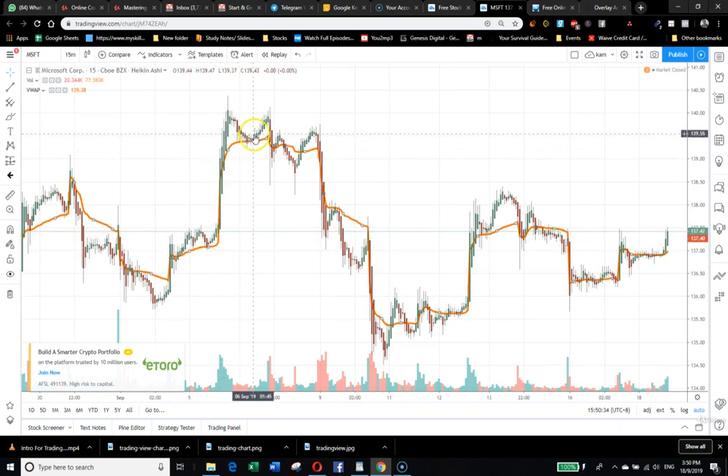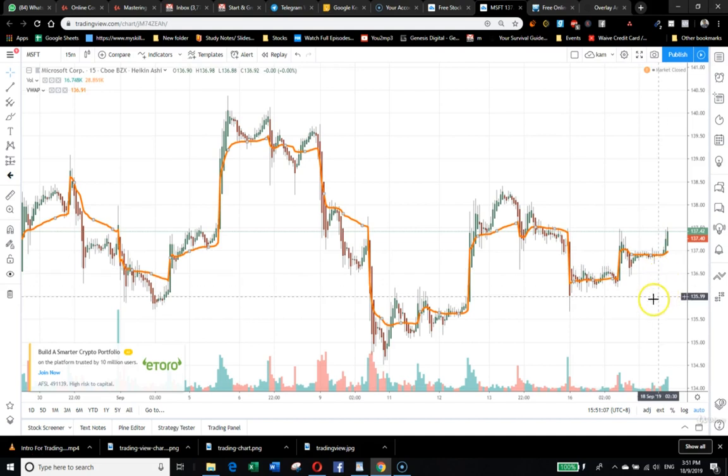It acts as a good support, like here, another support, finally broke through, came up, broke through, stays below, resistance here, stays below, resistance, broke a bit, resistance, finally until it crosses up, then it stays up, support, stays up, broke down, resistance all the way.